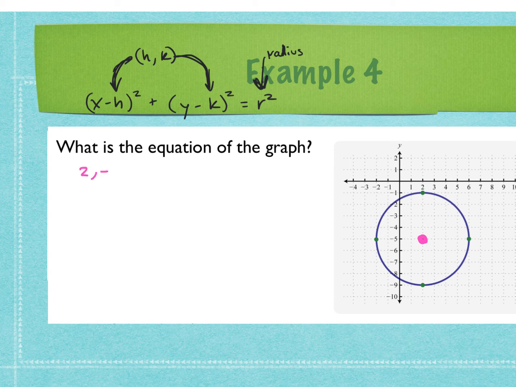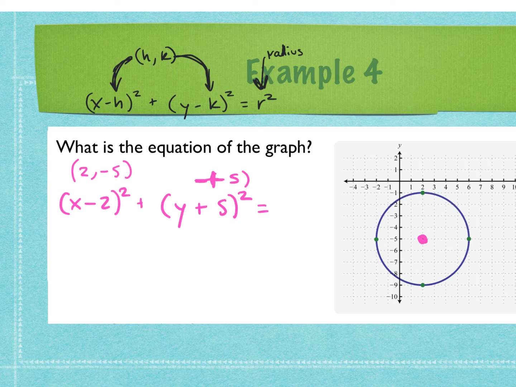Awesome. 2 comma negative 5. So in my equation, I have x minus, what comes next? 2 squared plus y, what comes next? Awesome, plus 5, because it would be a minus negative 5, and 2 negatives make a plus, so this would be plus 5. Good job. And then equal to r squared.